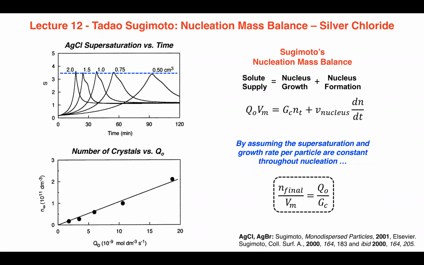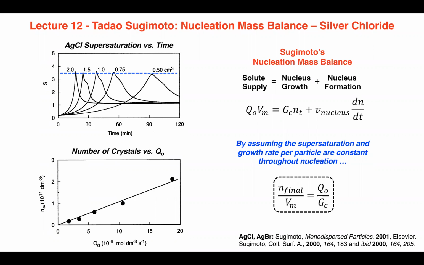It helped to passivate the particles and make a colloidal dispersion. But the gelatin could be hydrolyzed in the presence of acid, and it would actually release silver ion into the solution. So he would break down the gelatin, release silver into the solution, and this led to silver chloride formation.